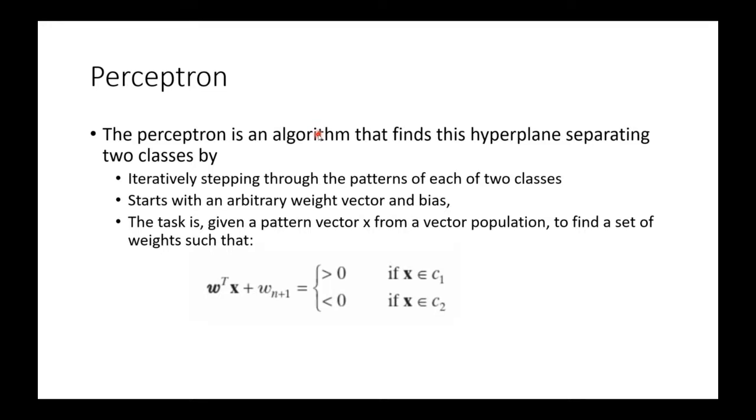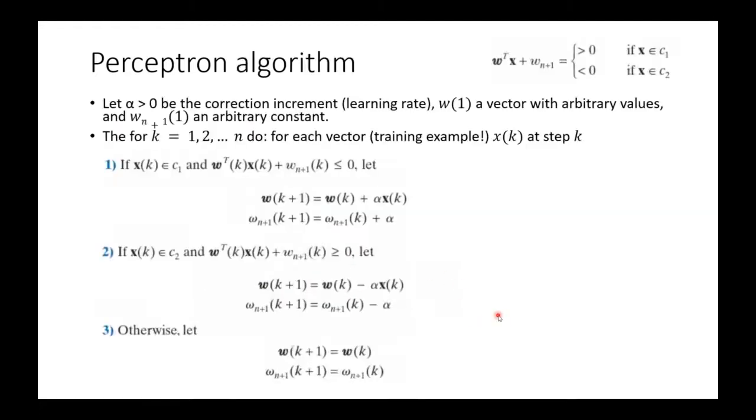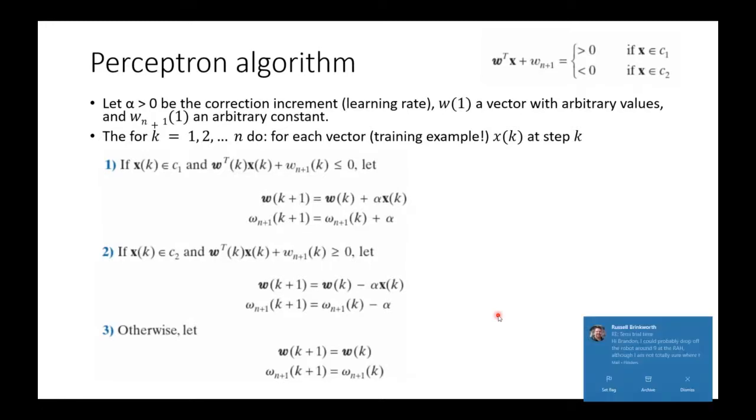It starts with an arbitrary weight vector and bias, and the task is then, given a pattern vector from a population of vectors, which is your data, find a set of weights such that you are able to decide whether this data item belongs to the class C1 or to the class C2. And the perceptron algorithm is very simple.